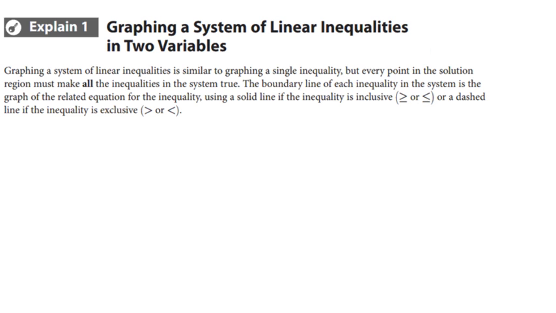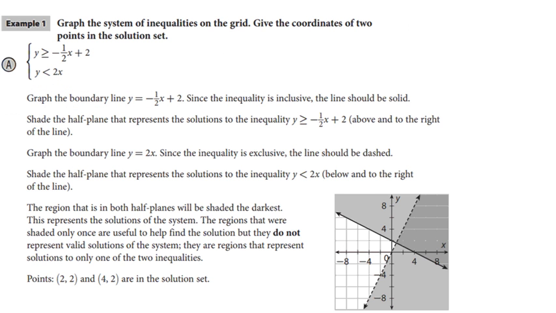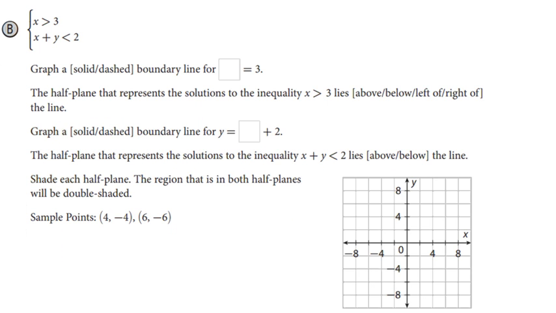Explore one, graphing a system of linear inequalities in two variables. And here we have one that's already marked out. I'm going to go on to this one here, B. x is greater than 3. Well, what you do first is, it says greater than.